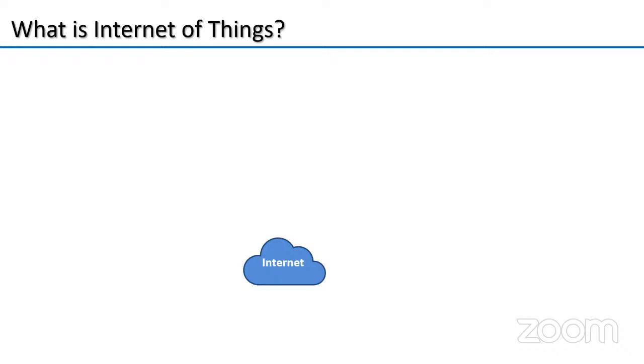We can access the internet through multiple electronic devices. The most commonly used electronic devices to access the internet are the tablet, the mobile phone, and the computer, because from the user perspective these three are the most flexible devices to access the internet.